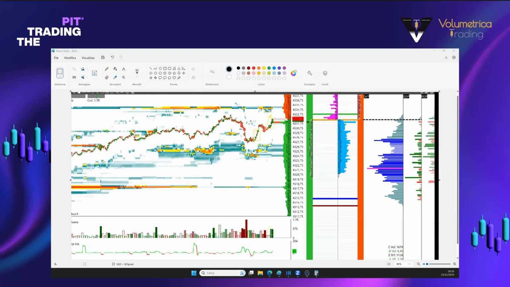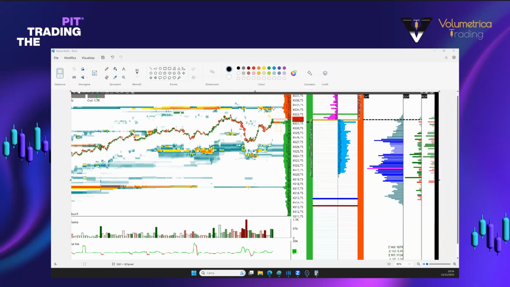Volume and delta is confirming that. And as price goes up, look what's happening here. I have this tiny liquidity pool showing up exactly a couple ticks below the price as it is pushing aggressively to the upside.